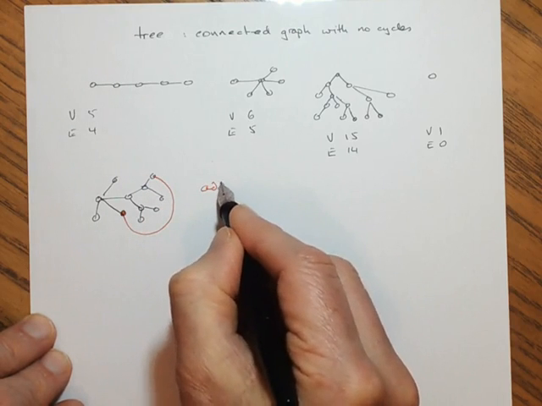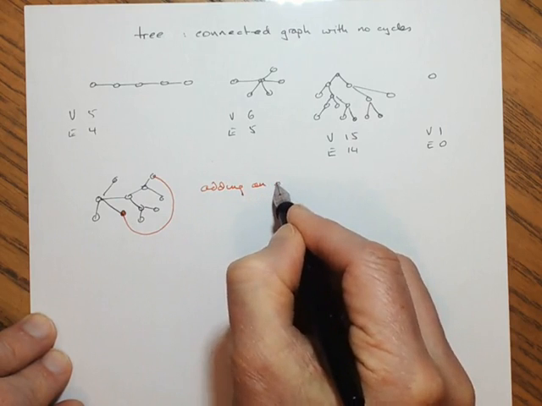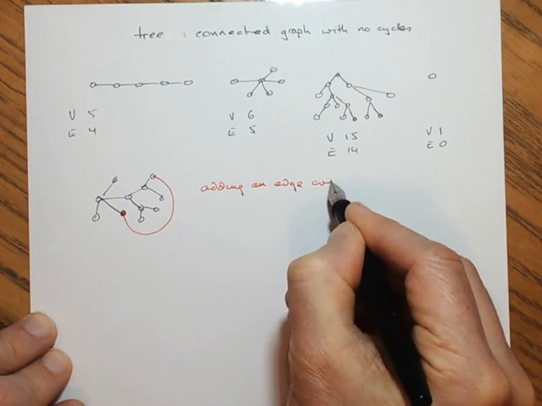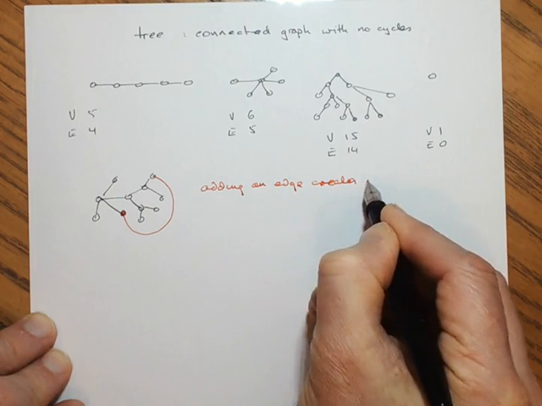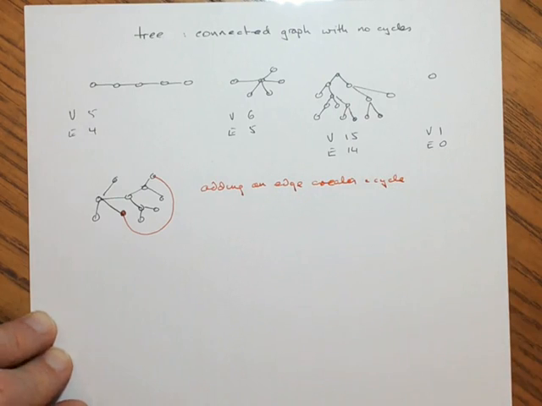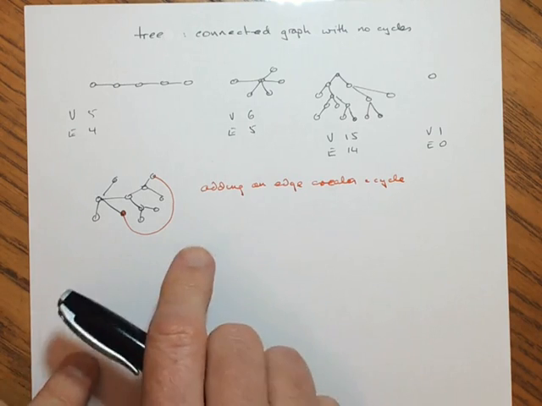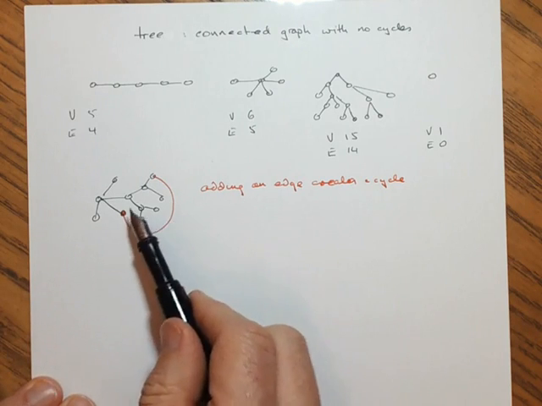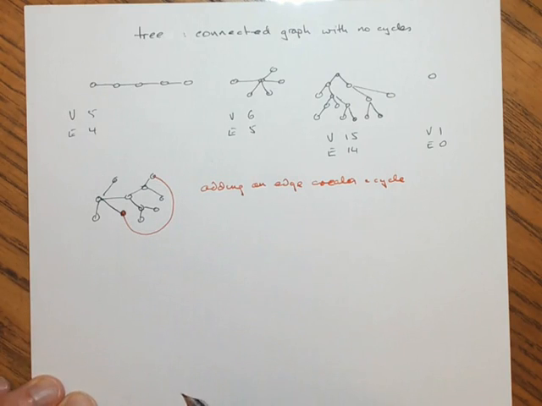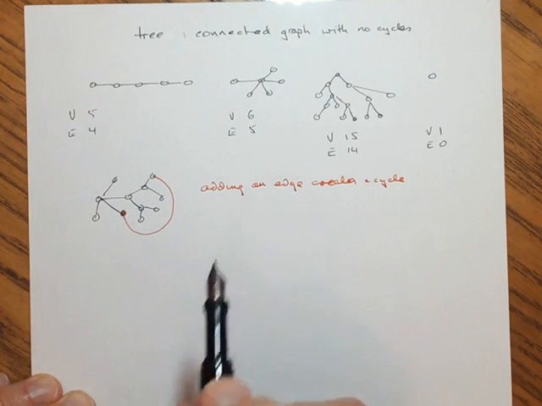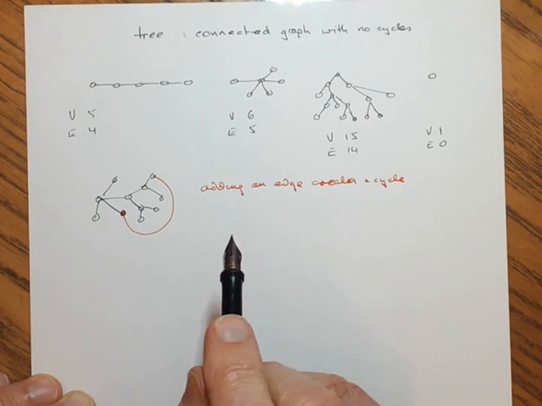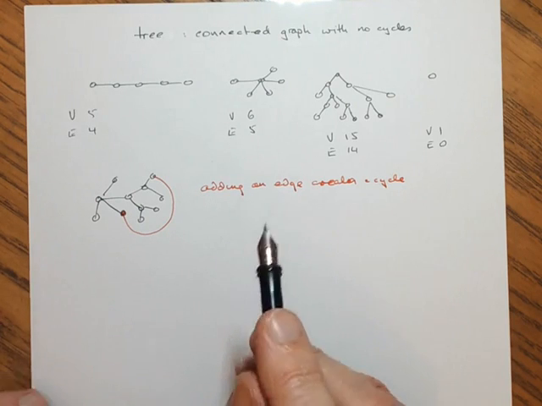So adding an edge creates a cycle. And it turns out that that is another way of characterizing a tree. So if I've got a connected graph, and whenever I add an edge between 2 existing vertices, so notice I'm not adding an extra vertex, I'm just adding an edge between 2 existing vertices, that's another characterization of a tree.